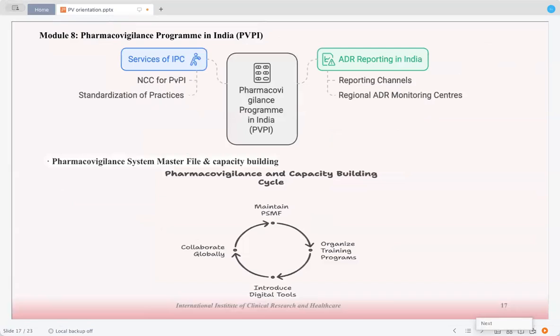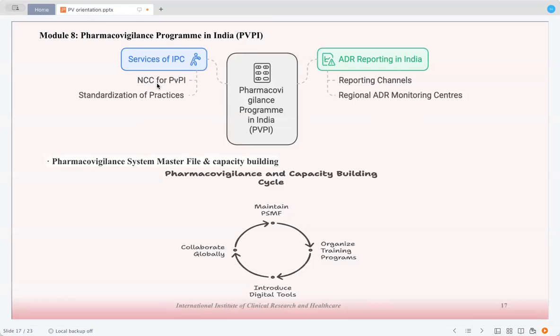Next is the pharmacovigilance program in India, and the services of the Indian Pharmacopoeia Commission. The Indian Pharmacopoeia Commission serves as the National Coordination Centre, the NCC, for the Pharmacovigilance Programme of India.